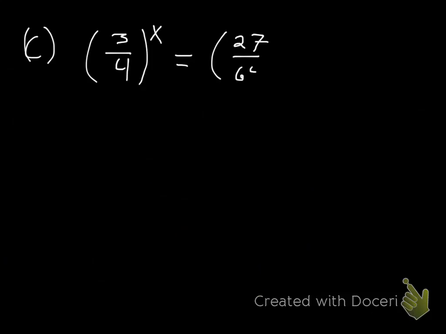Okay, 3 over 4 raised to the x power equals 27 over 64. We're solving for the x, and the x is in the exponent. So we're going to use the fact that exponential functions are one-to-one. However, I need to rewrite 27 over 64 somehow. Lucky for us, 27 is 3 cubed, and 64 is 4 cubed.